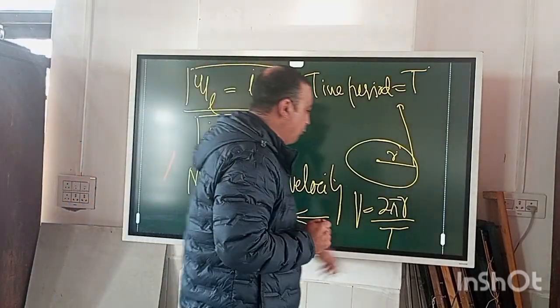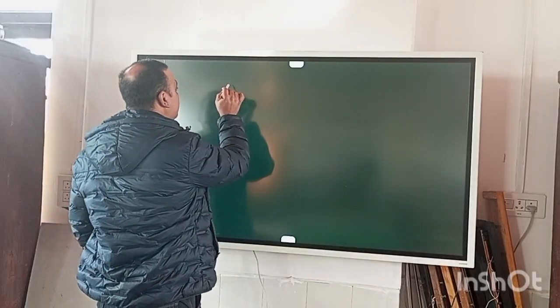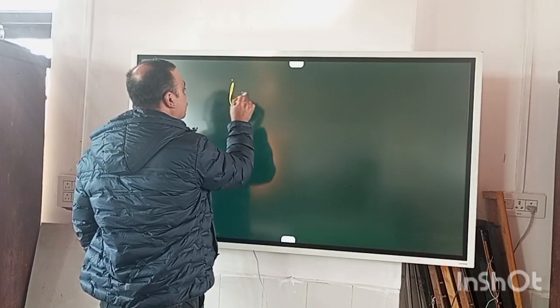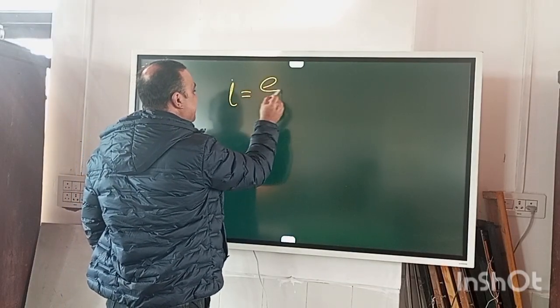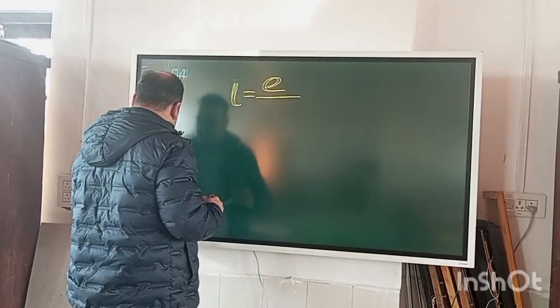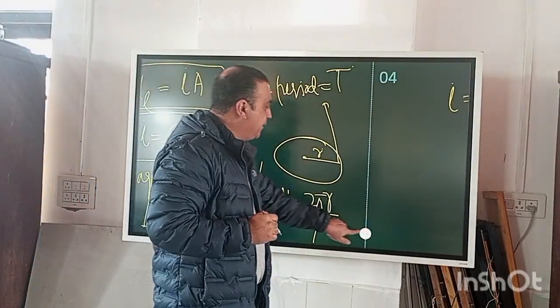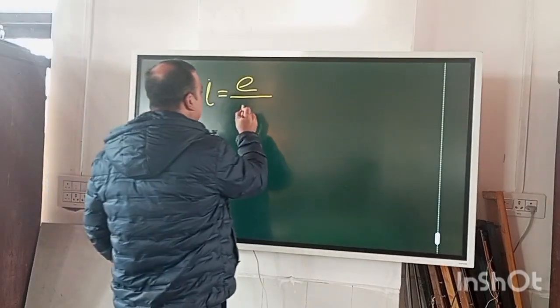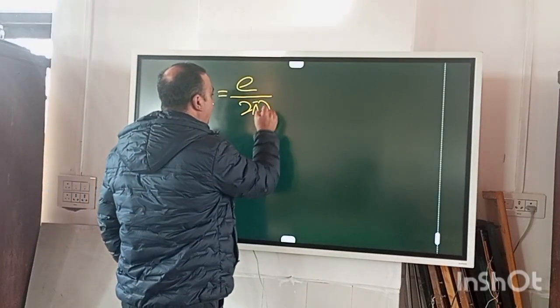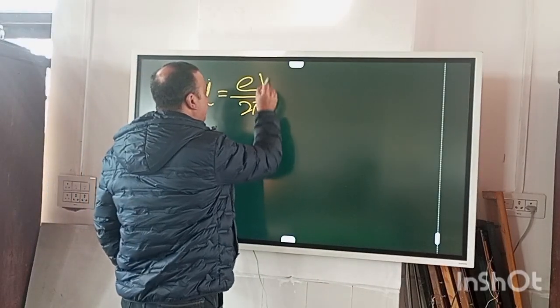So proceeding from here, we will have I equal to E by T. So what was our T? It is 2 pi r by V. So this is 2 pi r, and this V will go up.